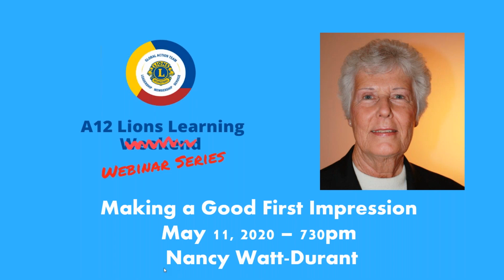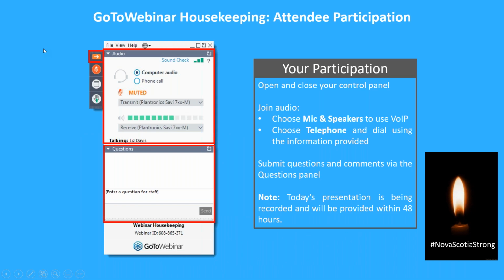So I'd like to start off with just a little bit of the interface of the GoTo webinar software in case you haven't participated in a webinar before. On your screen, you'll have your GoTo webinar control panel. If you don't see it, there's a little orange arrow over to the right side of your screen. If you push that little orange arrow, the control panel will pop out. If it disappears again, just click the view button at the top where it says auto hide the control panel and uncheck that.